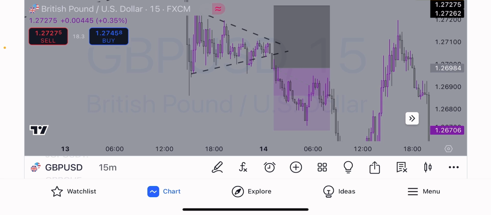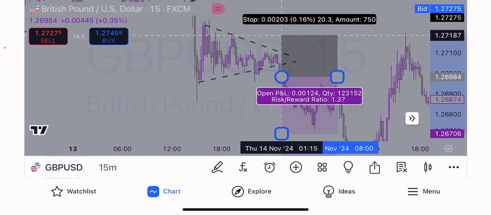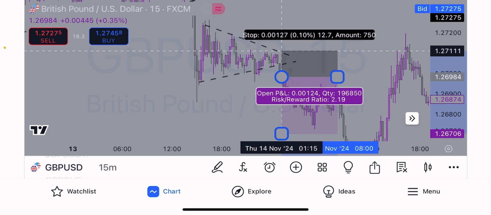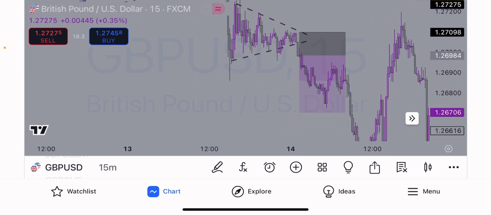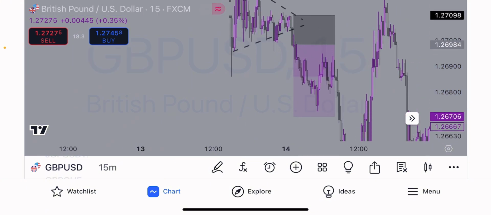If it is to buy, it's always a bullish candlestick breaking out. If it is to sell, you put your stop loss just above the previous high, then you target 1 to 2, and boom, here you go.